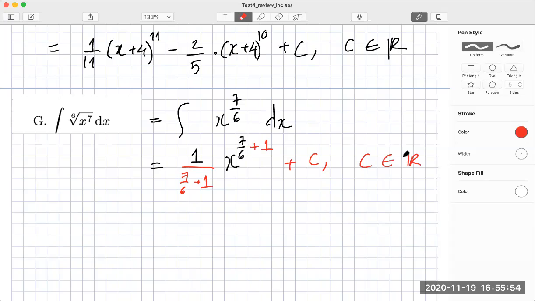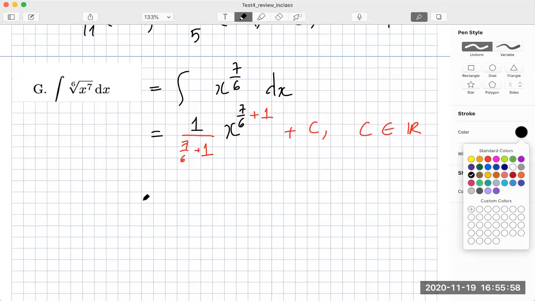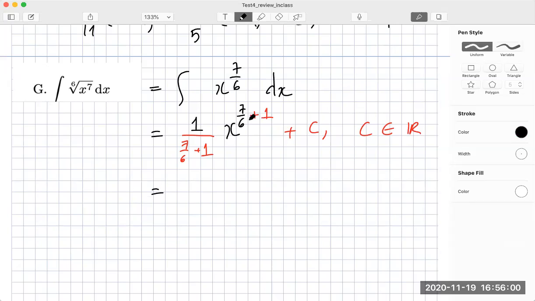What else do we need? Plus a constant. Perfect. Then our job is to simplify it. So here, 7/6 plus 1, if we multiply by 6 and divide by 6, then they have the same denominator. It will be 1 divided by 13/6.